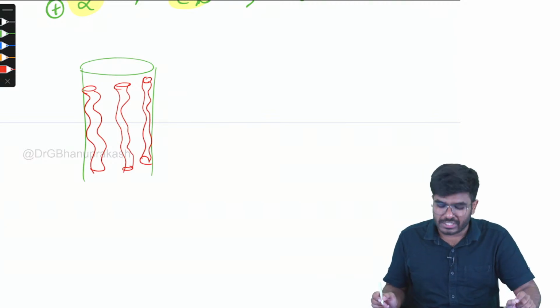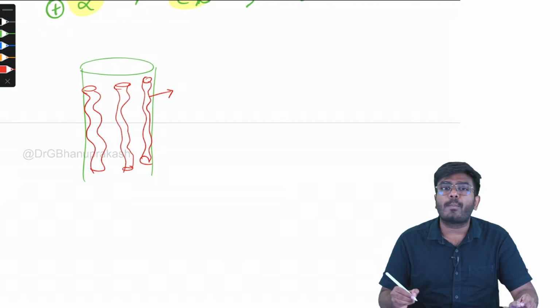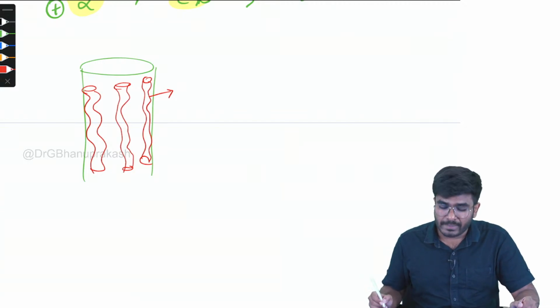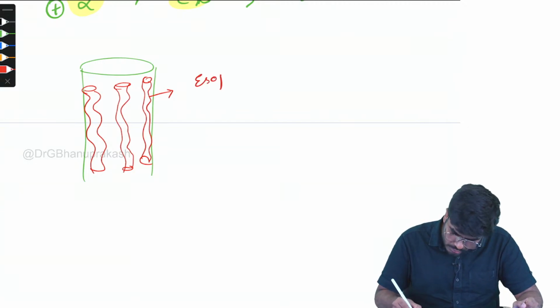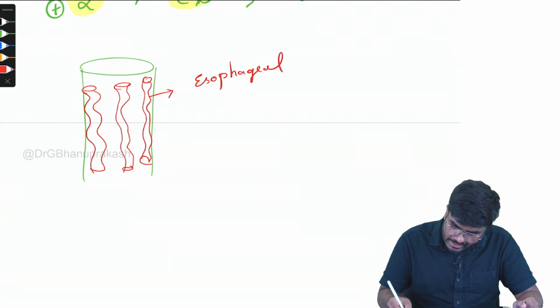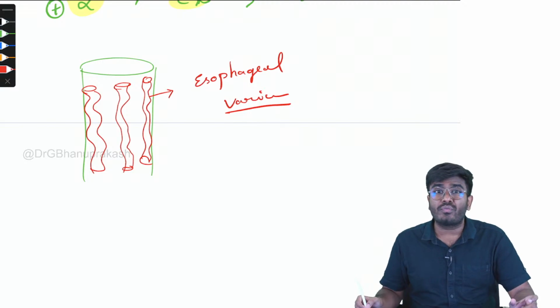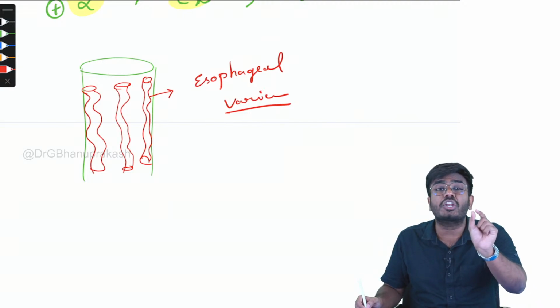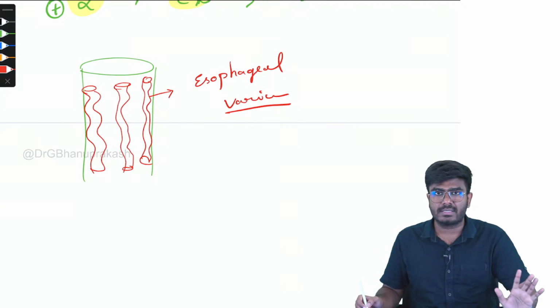Can you name this condition? If the veins in your esophagus are abnormally dilated, it's called esophageal varices. Esophageal varices: abnormal dilation of the blood vessels in the esophagus.